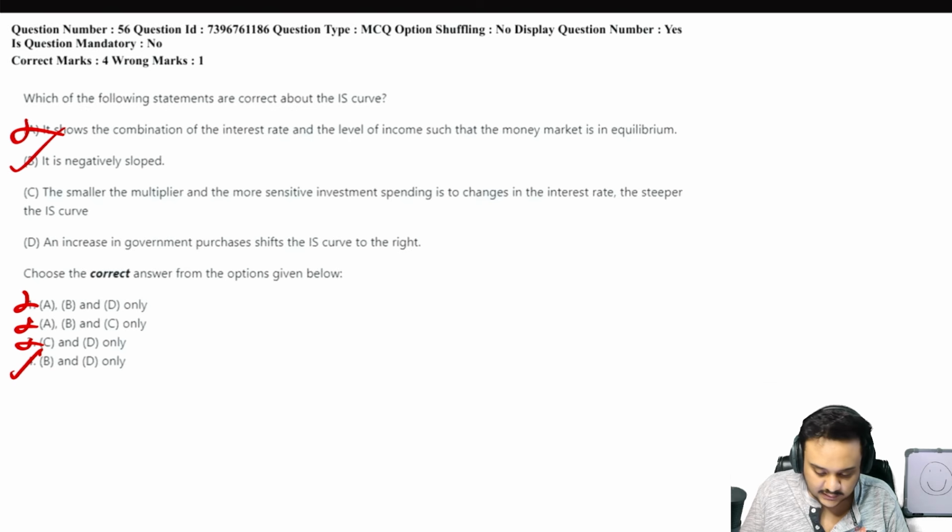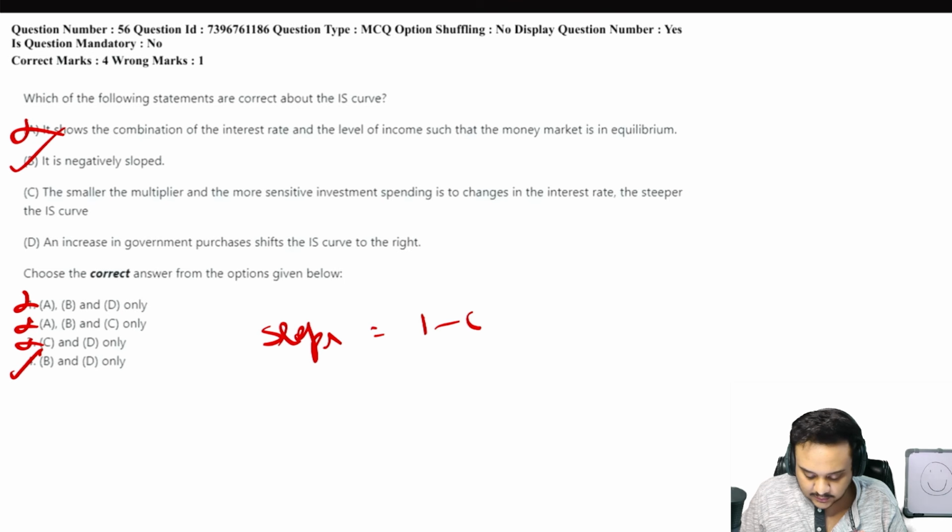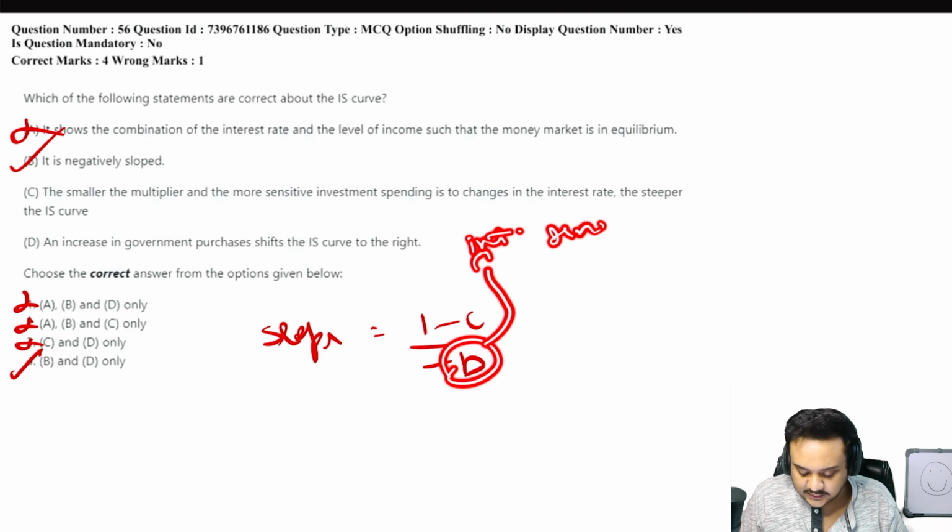An increase in the government purchases shifts IS to the right. Yes, no doubt. The smaller the multiplier, more sensitive. Okay, I'll just write this down so that there is no confusion. If the slope of IS is written as 1 minus C upon minus B, where B is the interest sensitivity to investment.